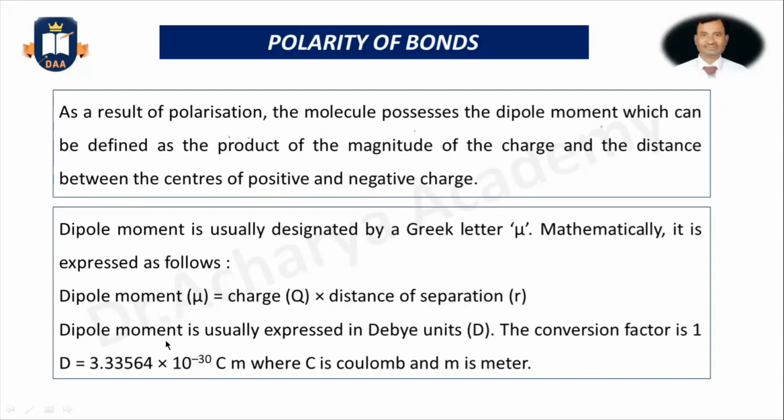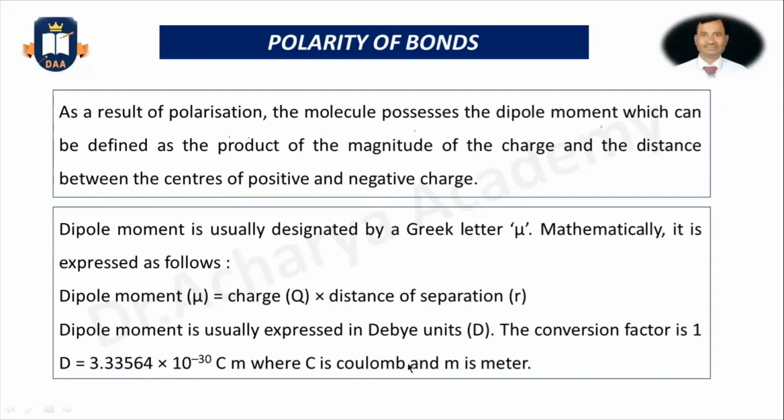And this dipole moment, its unit is debye, which is represented by the capital letter D, and the conversion factor is 1 D equals 3.33564 multiplied by 10 to the power minus 30 C m.